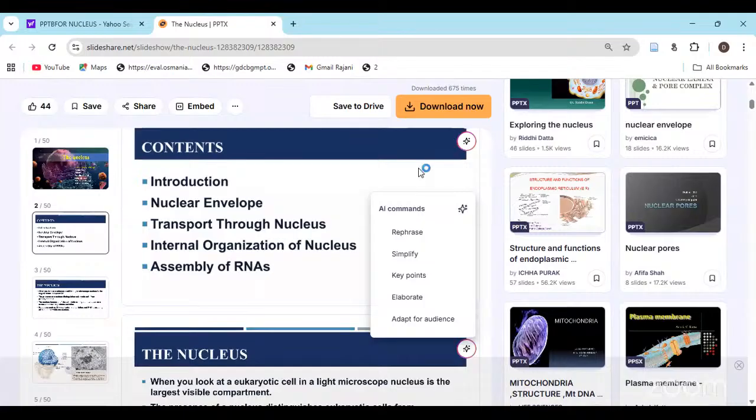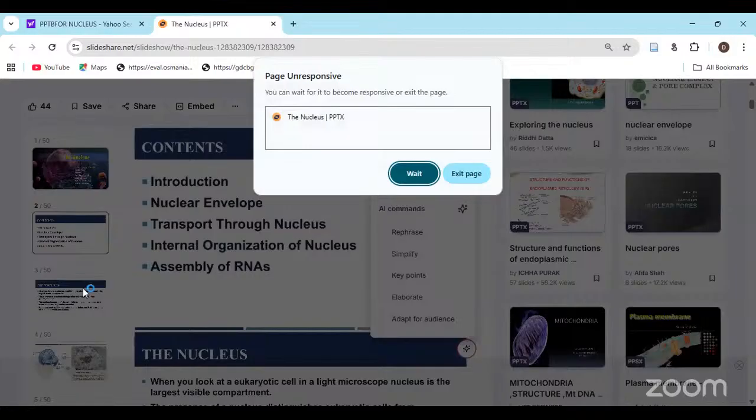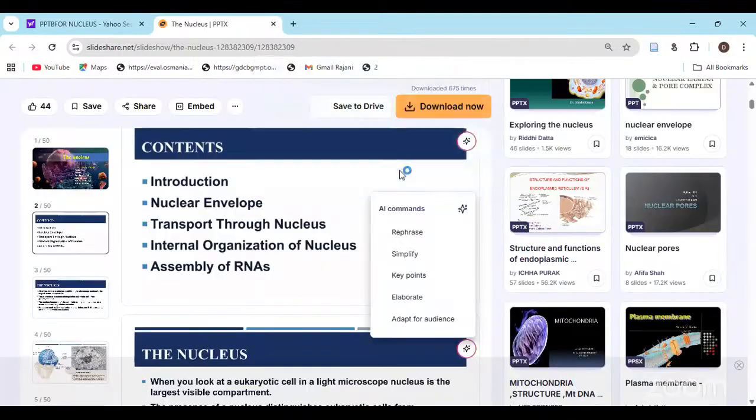The outer membrane is often continuous with the rough endoplasmic reticulum.